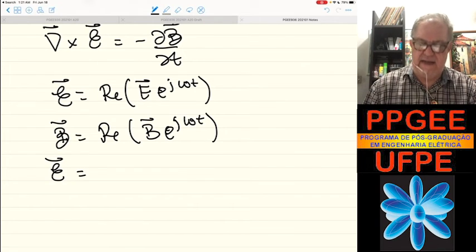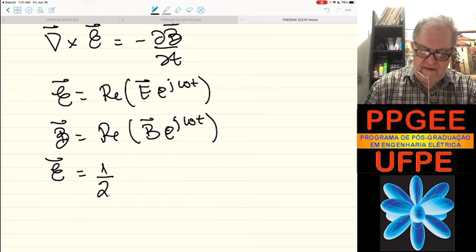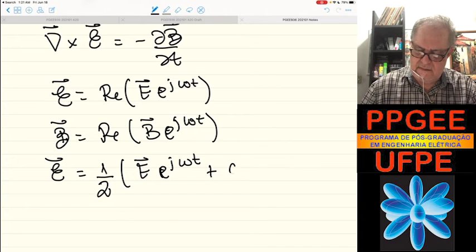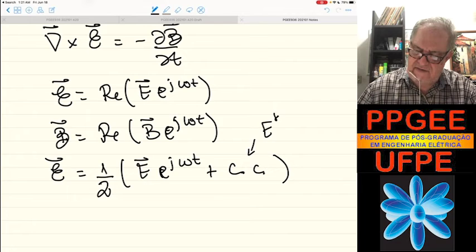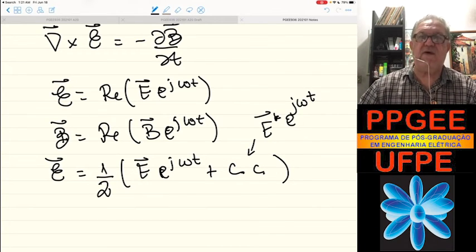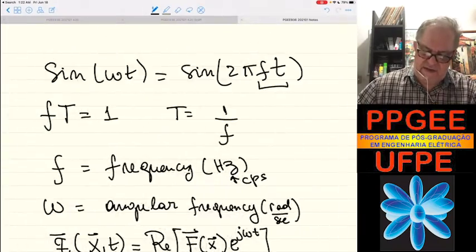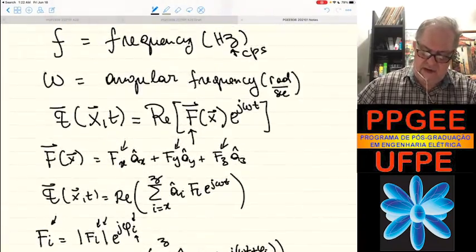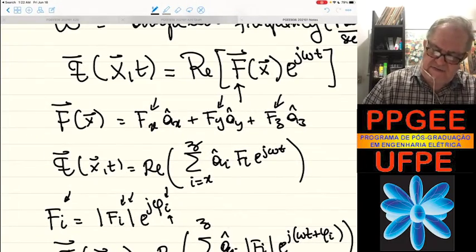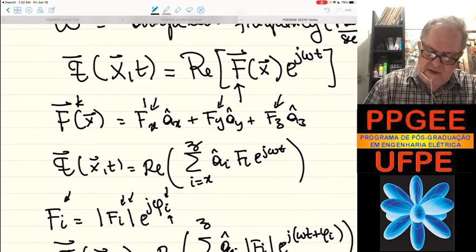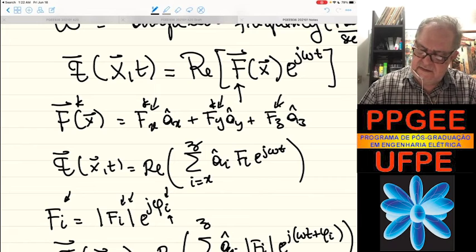So in other words, either E or B can be written like this. E can be written as half of E plus the complex conjugate. This here is the conjugate of E, exponential j omega t. How do I calculate the conjugate of a vector? Go to the original definition. The conjugate of a vector is the conjugate of each component.